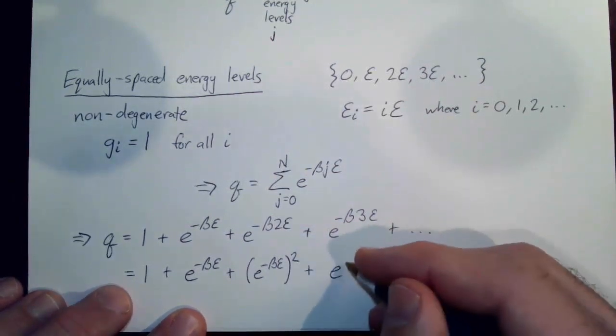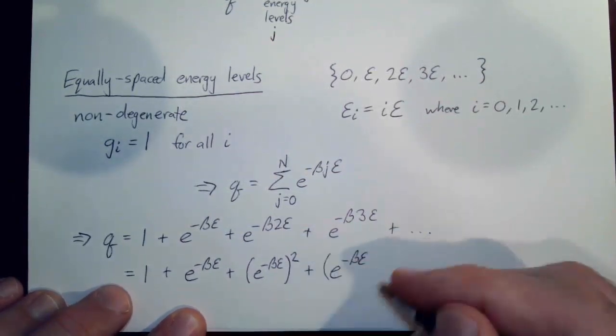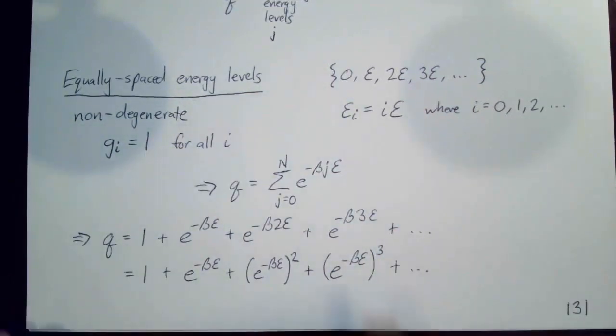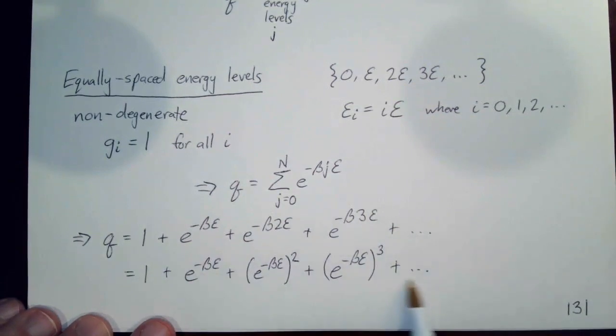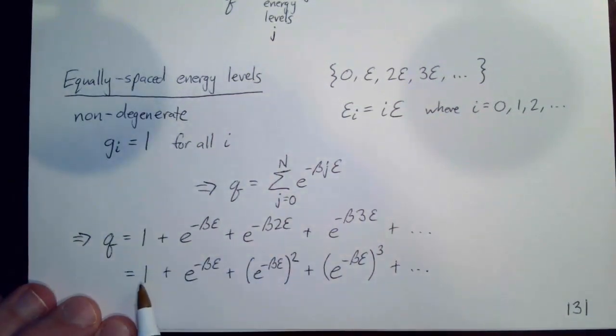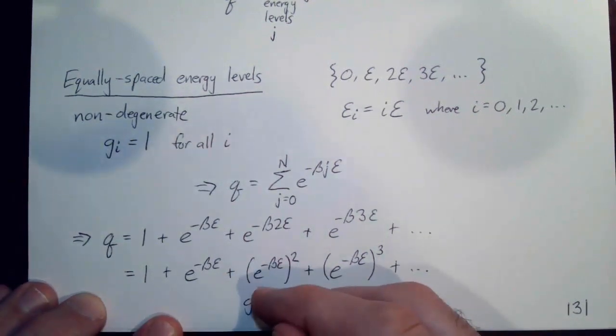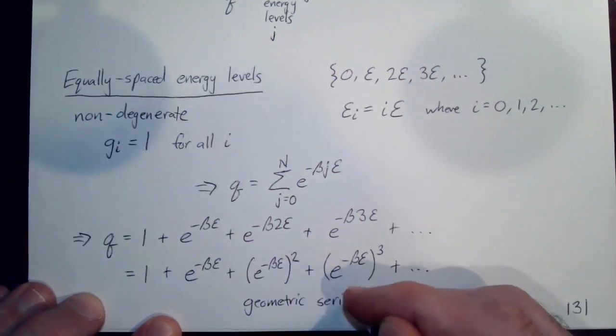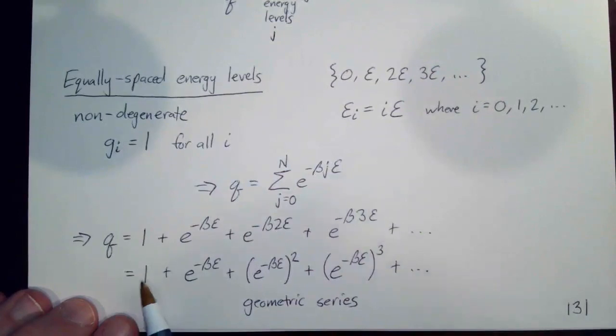The next term is e to the minus beta epsilon, cubed, and so on. Notice that this is a geometric series, for j equals 0, j equals 1, j equals 2, where each term is the previous term multiplied by e to the minus beta epsilon.